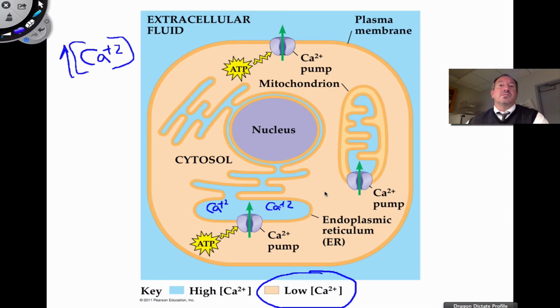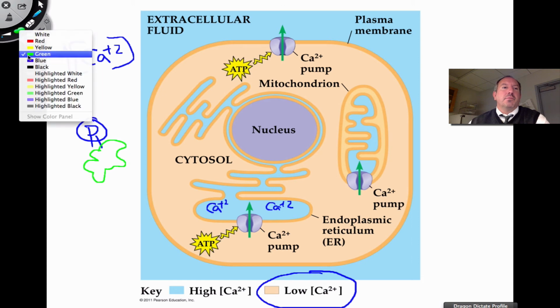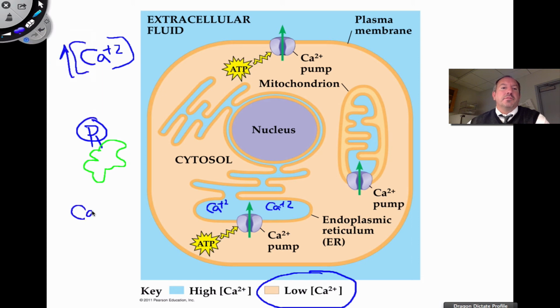So when the cell wants to do something, so it wants to respond, it can then use calcium, sort of like phosphates are used. I mentioned this before, phosphate is negatively charged. When that sticks onto a protein, that causes the protein to change shape. Well, calcium can do the same thing too, right? Calcium is positively charged.